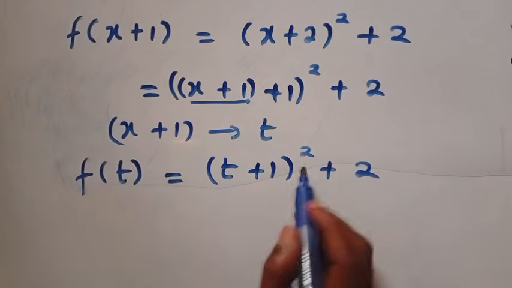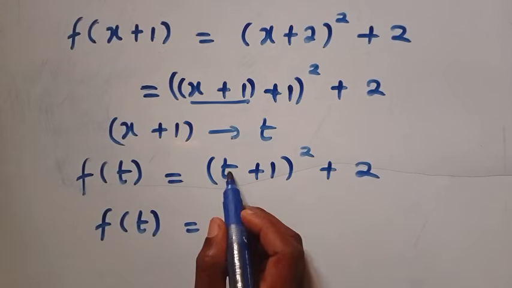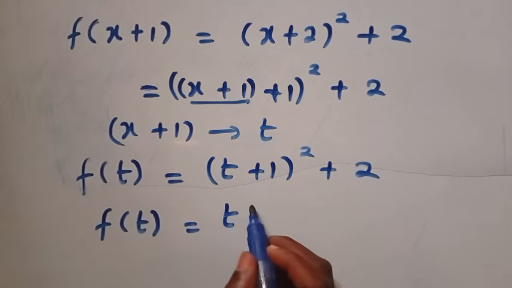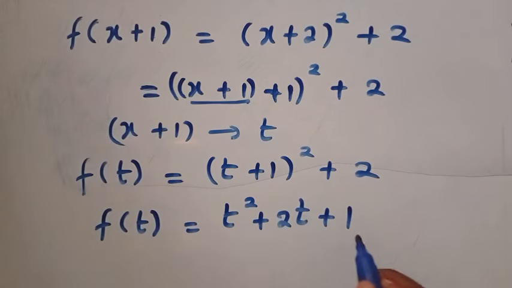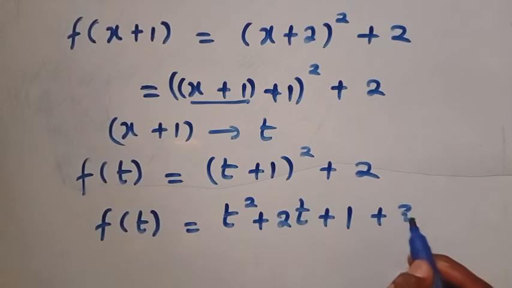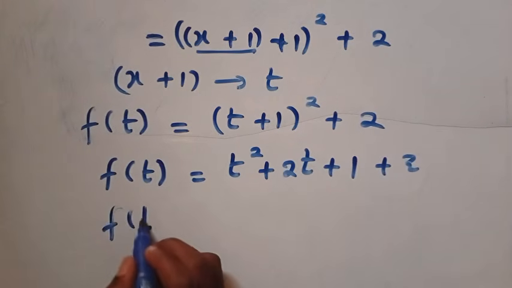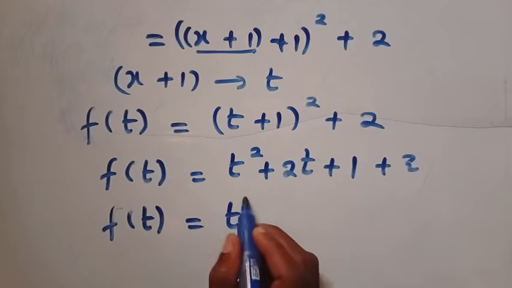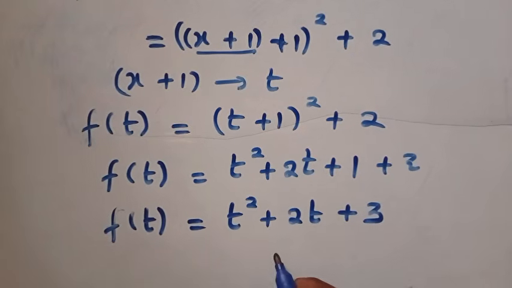Again, if I expand this, we have f of t equals t plus 1 squared, that gives us t squared plus 2t plus 1, then plus 2 outside the bracket. So here we have f of t equals t squared plus 2t plus 3.